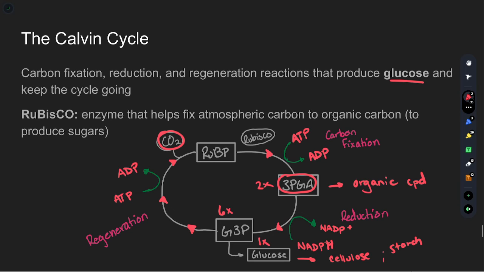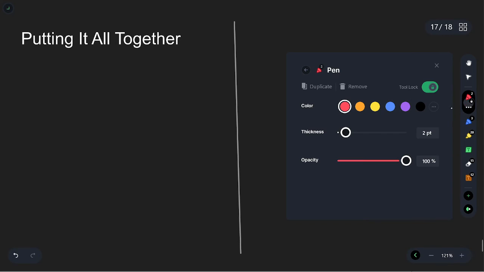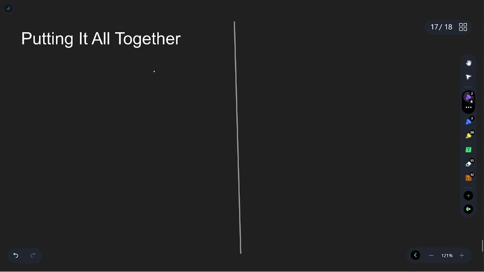But in any case, that is photosynthesis for you. We're gonna do a recap. We're gonna do a small little concept map of everything that we learned, starting with light-dependent reactions. So this is our light-dependent reactions. And let me put light-independent reactions here.